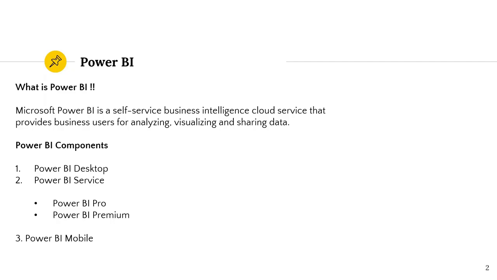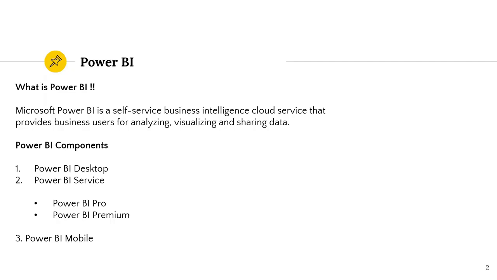And in the Power BI Service, there is something called Power BI Pro and Power BI Premium. So these are the two different offerings from Microsoft, depending on the level of organization and number of users, the capacity, the number of reports, and whatever they would like to use in Power BI.